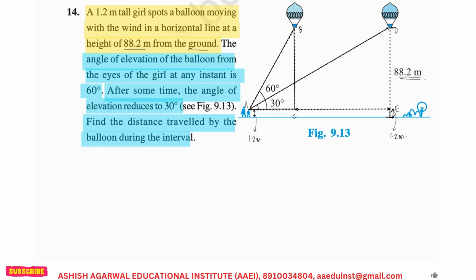Our second triangle is triangle ADE, which is having an angle of elevation of 30 degree. And our question is to find the distance CE, that is the distance traveled by the balloon. Rather, you can say BD or CE, geometrically the same, so we have to find CE. So our question, find the distance traveled, is nothing but we have to find the value of CE.